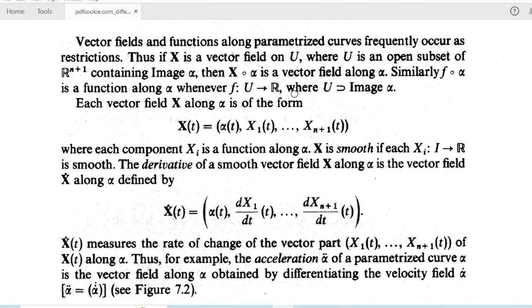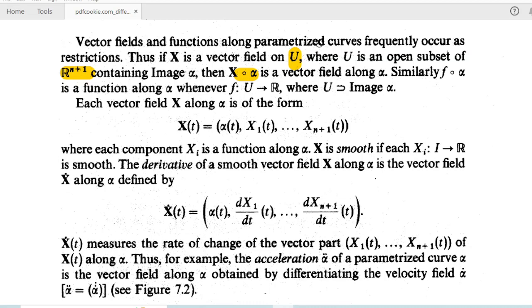Now let us see vector fields and functions along a parameterized curve, which frequently occur as restrictions. Thus, if x bar is a vector field on U, where U is an open subset of R^(n+1) containing the image of alpha, then x bar composition alpha of t is a vector field along the curve alpha.